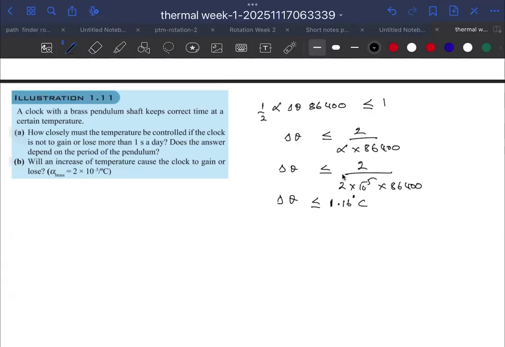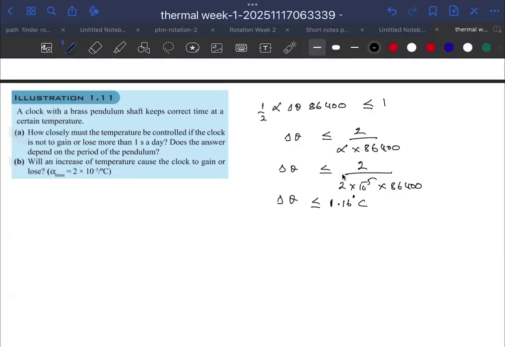Temperature rises, 1.16. So the bandwidth allowed for me is nearly 2.3 degrees. With respect to correct temperature, 1.16 high. With respect to correct temperature, 1.16 low. So the bandwidth allowed is 2.3.